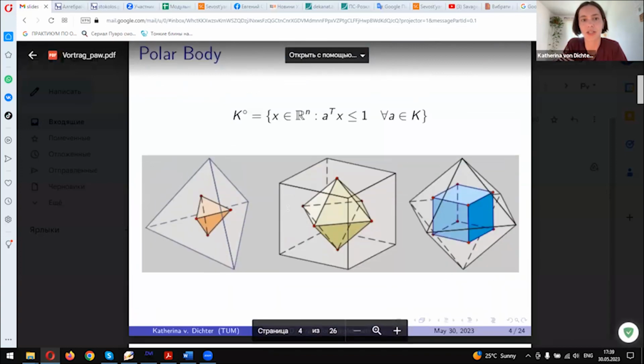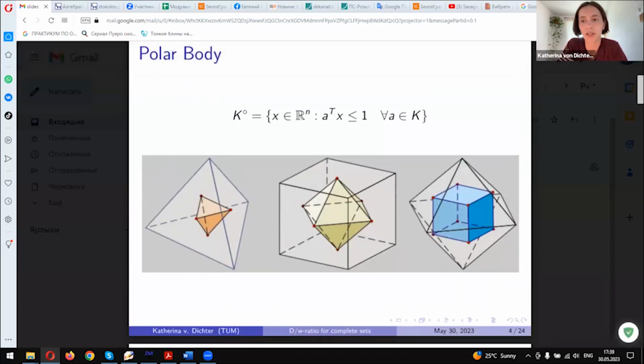The next notation we need is the polar body. You can understand the polar body as a generalization of the inverse. If you have a number a, you can take the inverse 1 over a. For generalization, we consider the polar body. So you have some convex compact set K, and you consider the body K polar, which is defined as the set of points such that the scalar product of any point from K with the new point is less than or equal to 1.